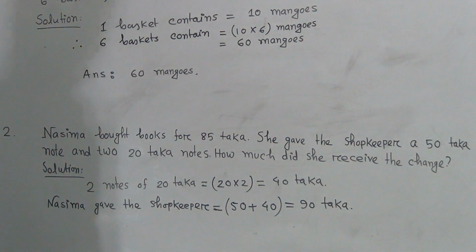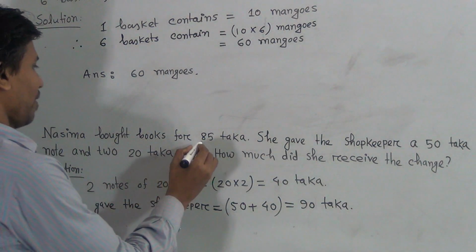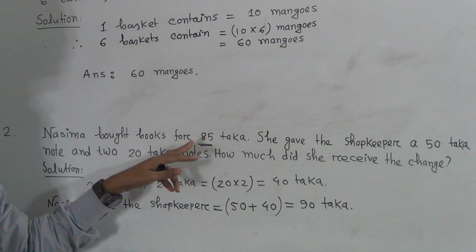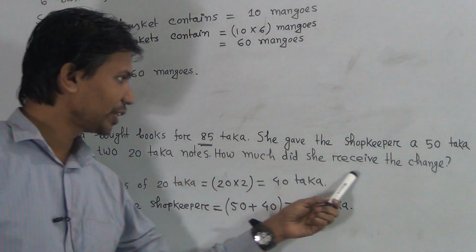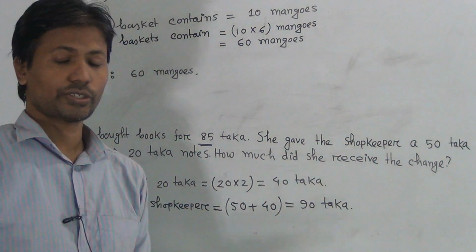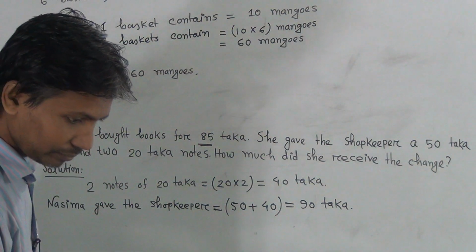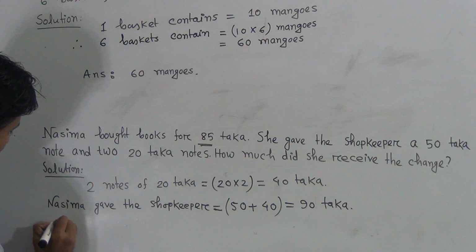Remember, the price of the book is 85 taka. Nasima bought books for 85 taka. Now the question: how much did she receive in change? That means how much taka did she get back from the shopkeeper? Dear student, now write.